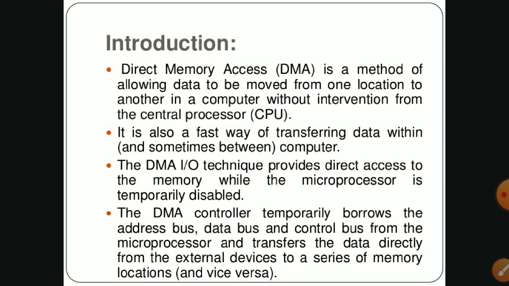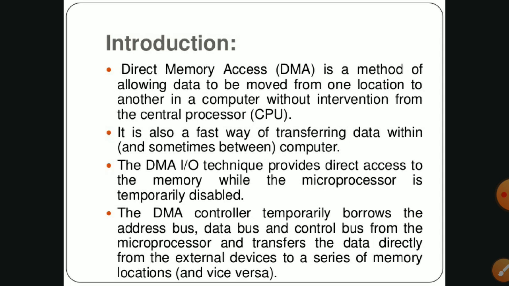Every time we require the processor because of the usage of buses. So what will the DMA controller do then? The DMA controller will temporarily borrow all the buses under its control.